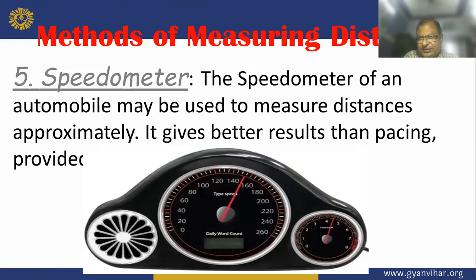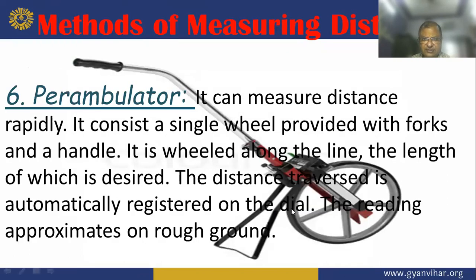Now, a speedometer. The speedometer of an automobile may be used to measure the distance approximately, and it gives better results than pacing. This is the pedometer.